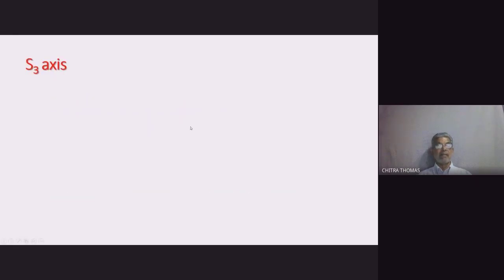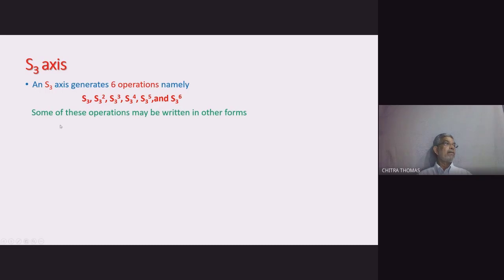The S3 axis can generate 6 operations, namely S3, S3², S3³, S3⁴, S3⁵, and S3⁶. That is twice the order. Now, some of these operations may be written in other forms. I will do this one.